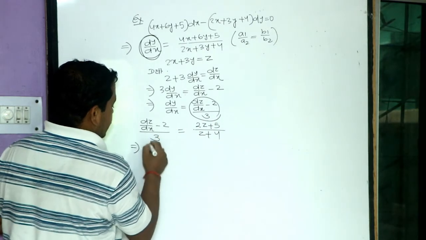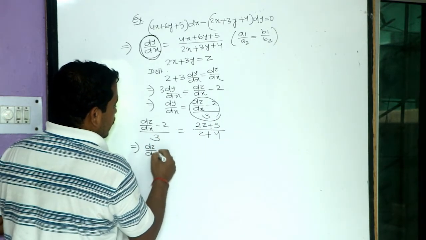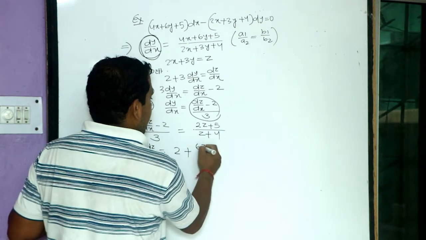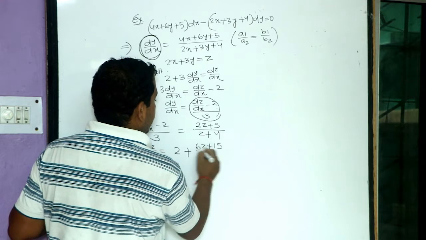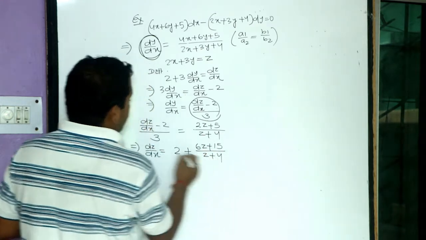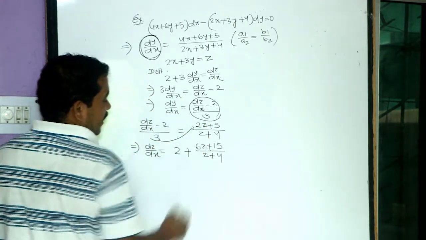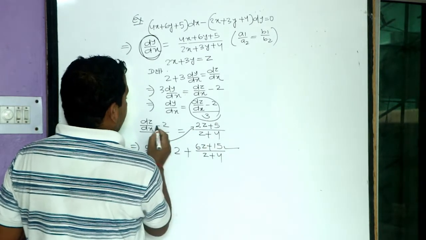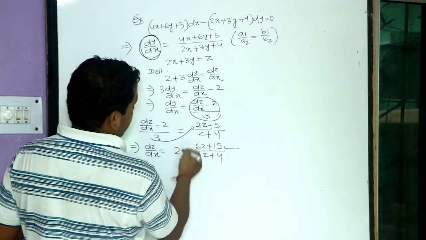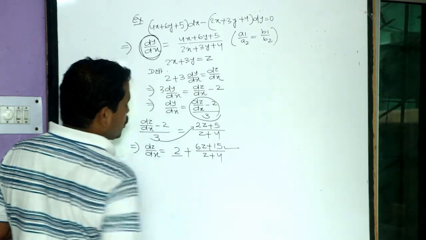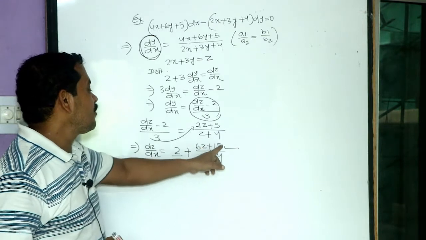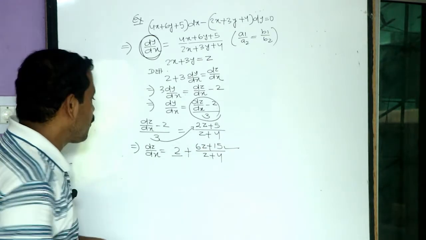This implies dz by dx equals 2 plus (6z + 15)/(z + 4). You multiply 3 here, that will be 6z plus 15, and minus 2 taken to the right hand side will be plus 2. So the right hand side becomes 2 plus (6z + 15)/(z + 4).